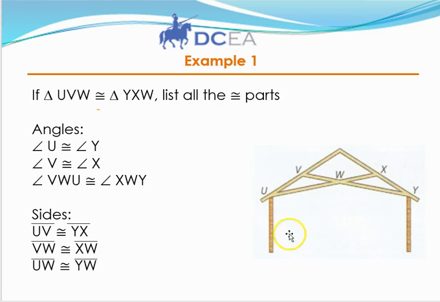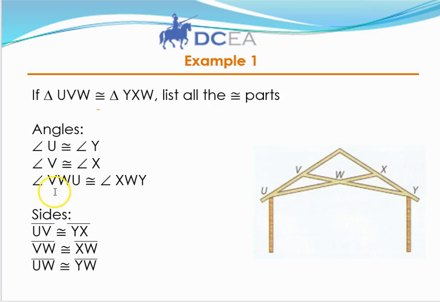This is just a personal preference, but I always list my angles and then I list my sides just to keep track. So if we have angle U on this triangle, and before I go further, if you have difficulty seeing these, remember, redraw them. But one of the clues I can give you is both of these triangles share this intersection right here with angle W. So you know that the triangle correspondence is going to show that.